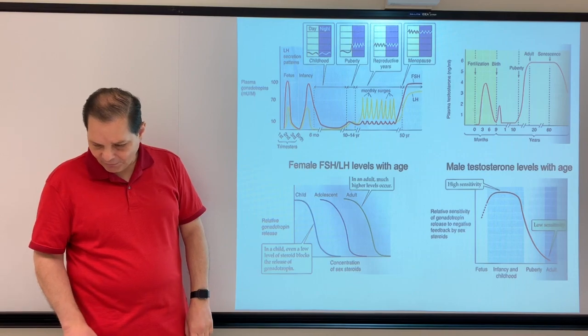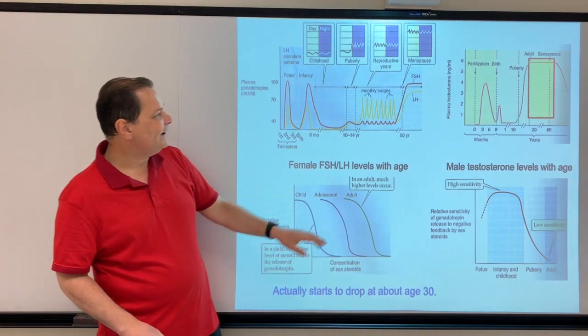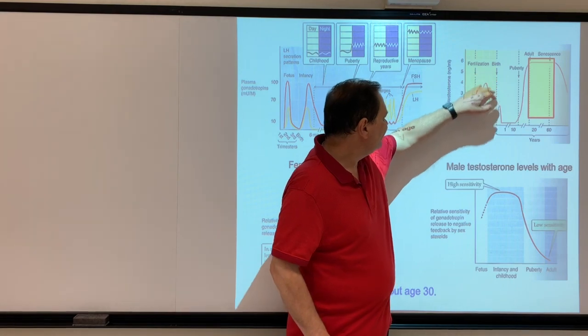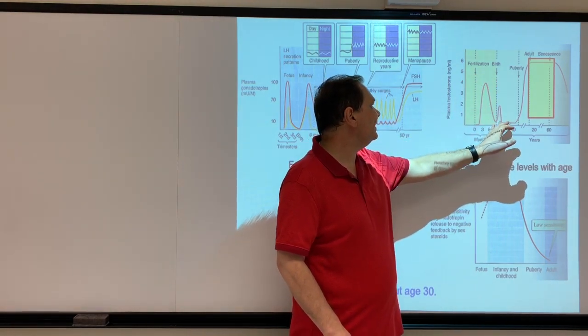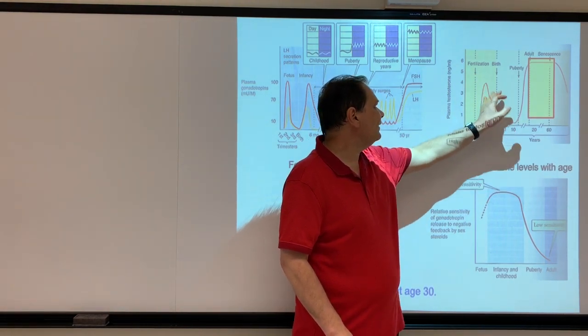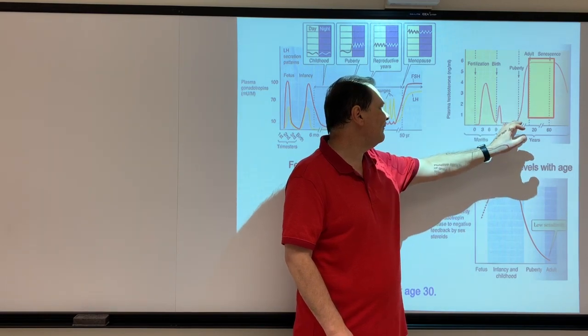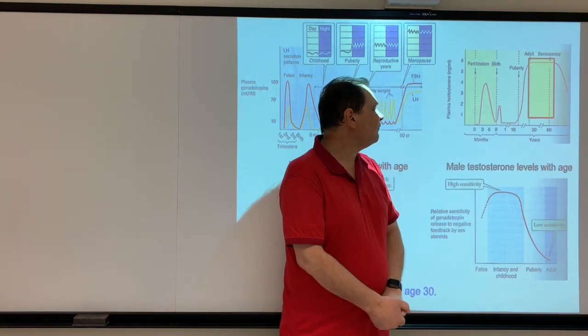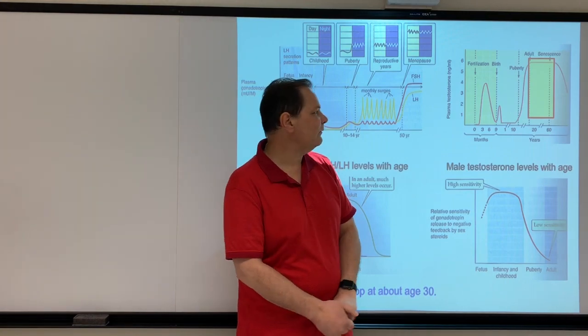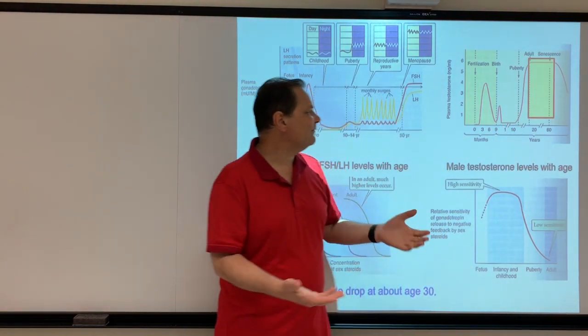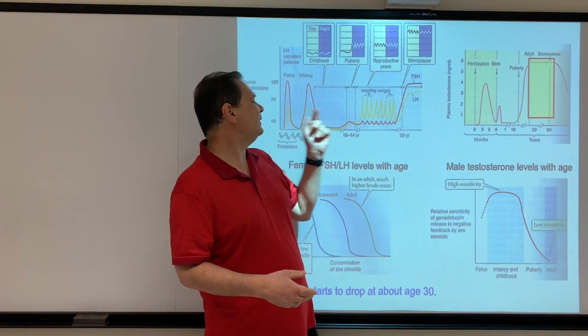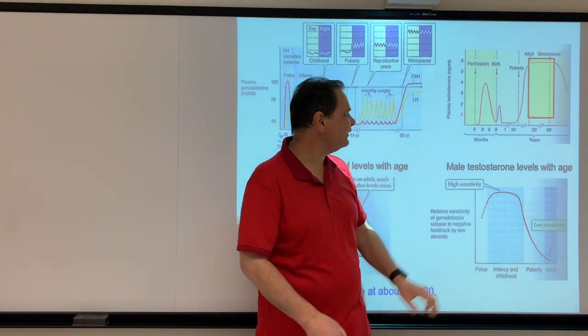In the male, if we look at testosterone, fairly high early in infancy or in the fetus, and then you have this high level right after birth, again probably associated with growth and development of the sexual organs, probably in both sexes.